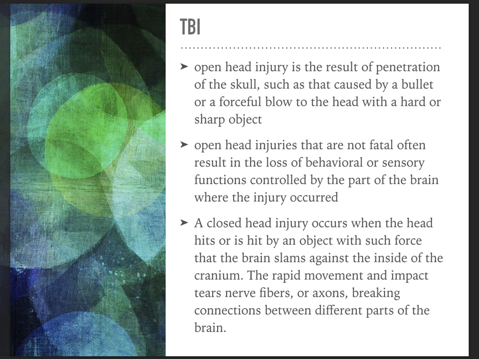Now, the second category is open head injuries, where there's actually some sort of breach of the cranium. Like for an open fracture, there's a breach of the skin, which is a protective layer, by the bone that's broken. So an open head injury could be caused by an accident of any number of sorts.